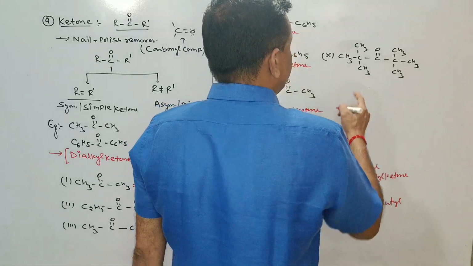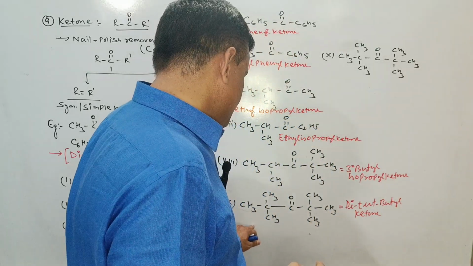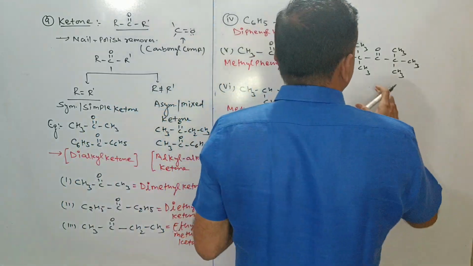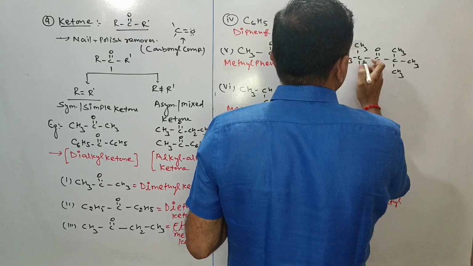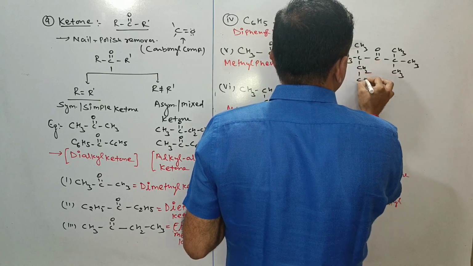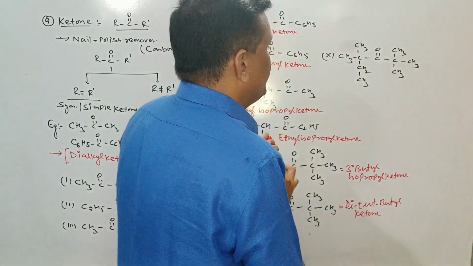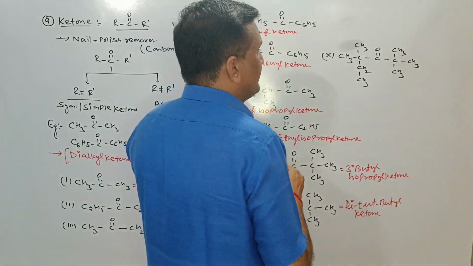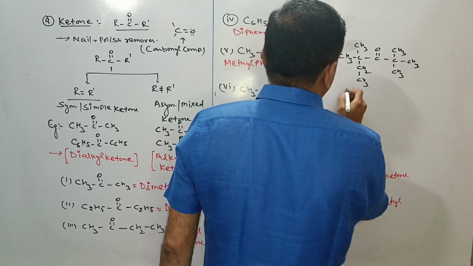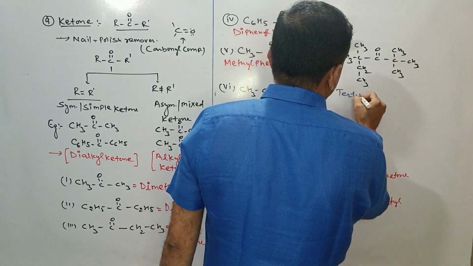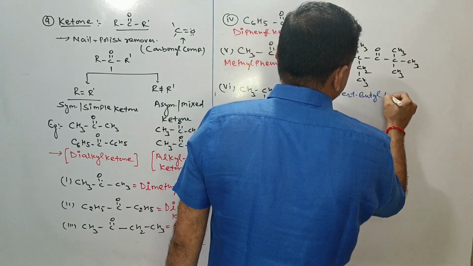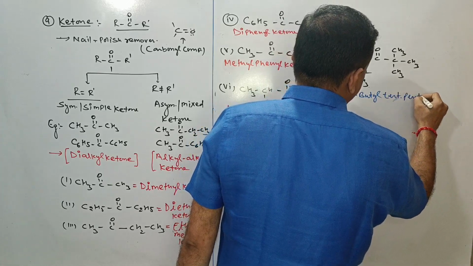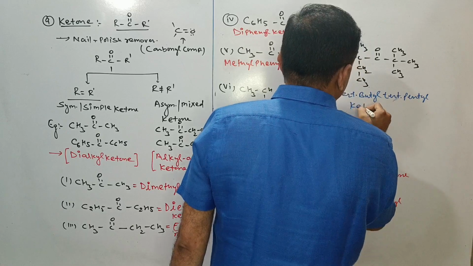This is the di-tertiary butyl, so we can change it because both are the same. Here we can take it like this, CH2 and CH3. Now this is the tertiary butyl and this is the tertiary pentyl, so the name will be tertiary butyl tertiary pentyl ketone.